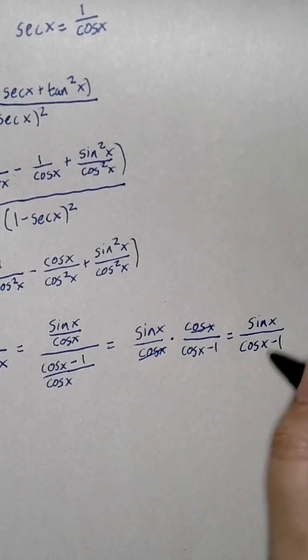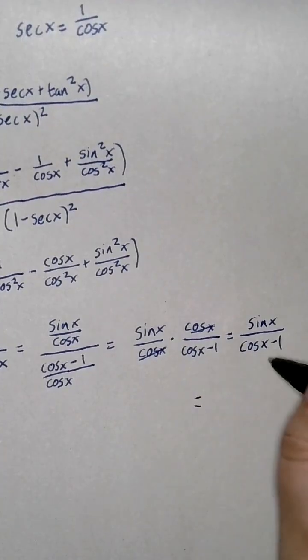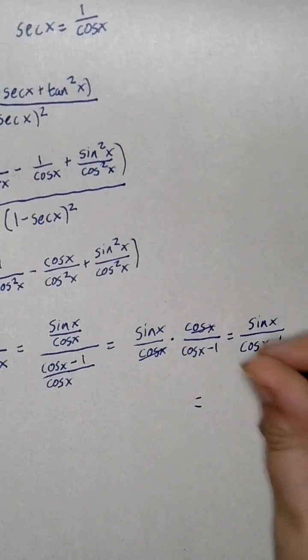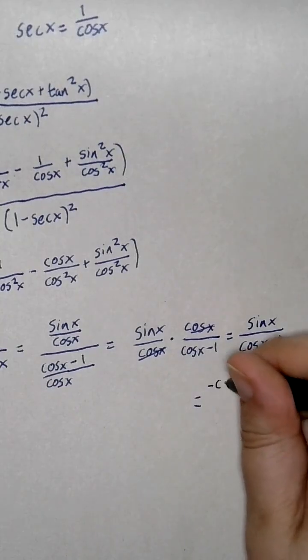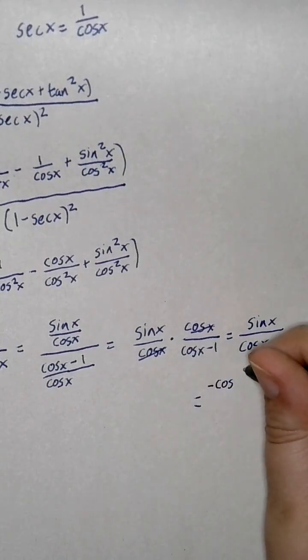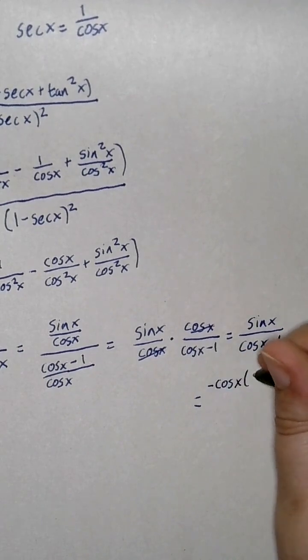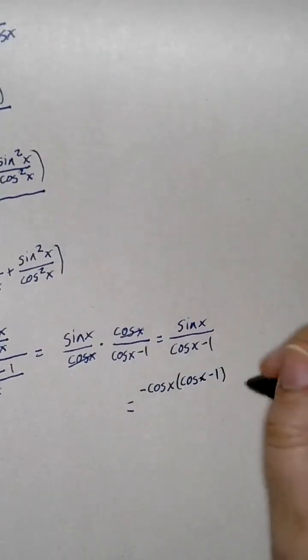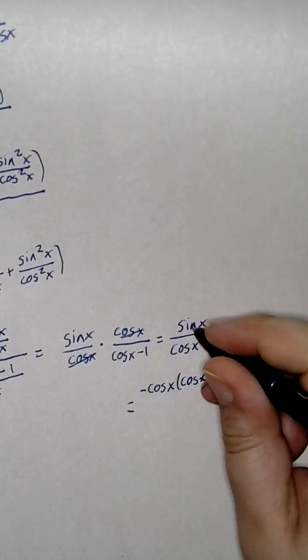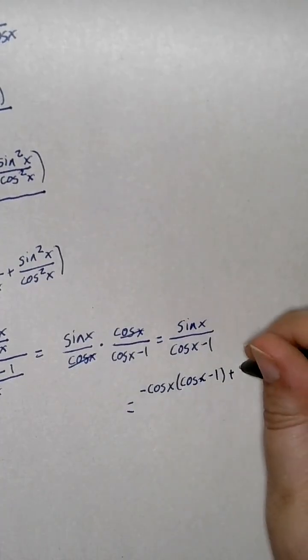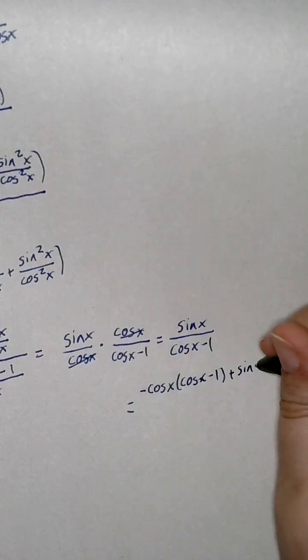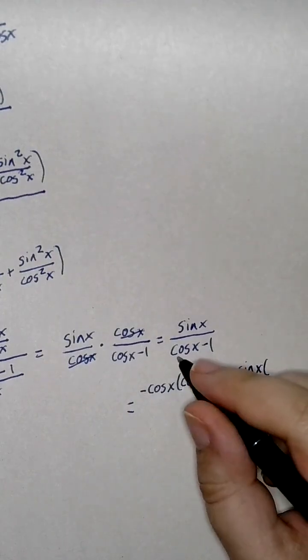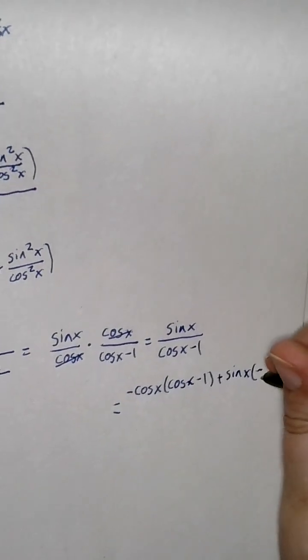From there, if I do the quotient rule, I get low d high, so that's going to be negative cosine x times cosine x minus 1, minus high d low, so that's going to be plus sine times derivative of cosine, which is negative sine.